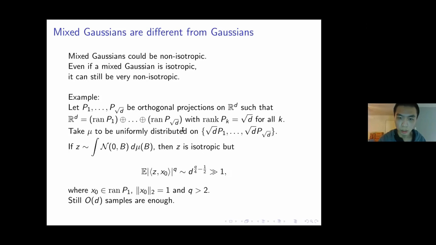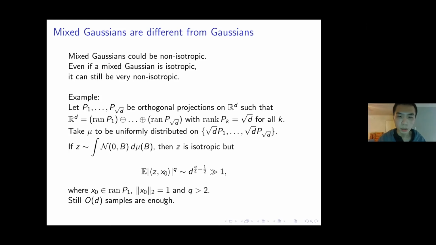But still in this case, order D number of samples is enough. In general, for isotropic, if it's not too bad, then D log D is guaranteed to be enough. But here we don't need the log D; despite the very bad behavior of the one-dimensional marginals, D number of samples is enough.